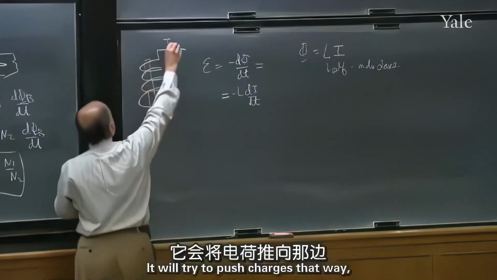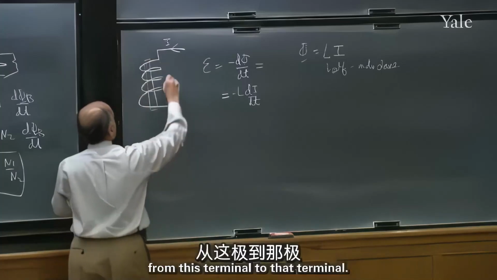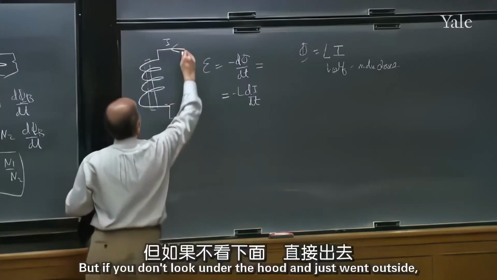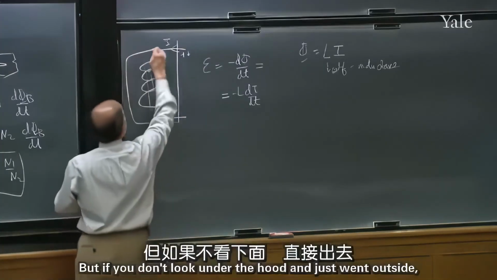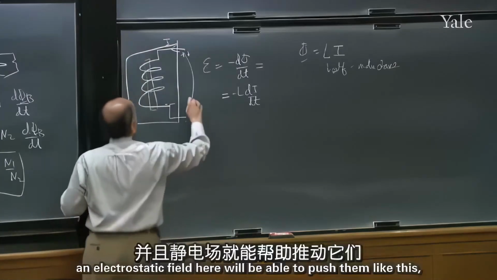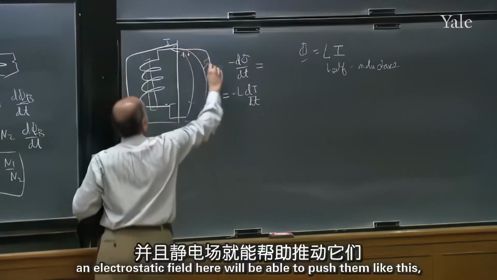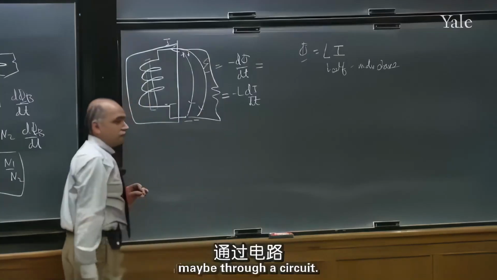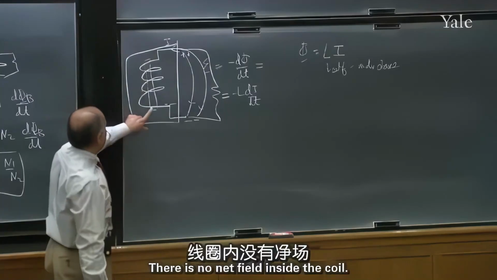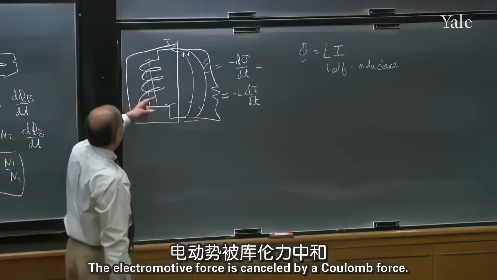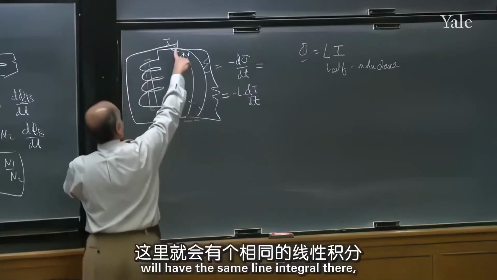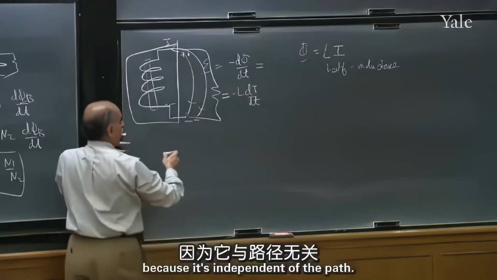It'll try to push charges that way, from this terminal to that terminal, you'll pile up charges there. But if you don't look under the hood and just went outside, you'll have plus charges and minus charges. An electrostatic field here will be able to push them like this, maybe through a circuit. So it's the same story again and again. There is no net field inside the coil. The electromotive force is cancelled by a Coulomb force. But the Coulomb force, if it has a line integral here, will have the same line integral there because it's independent of the path.